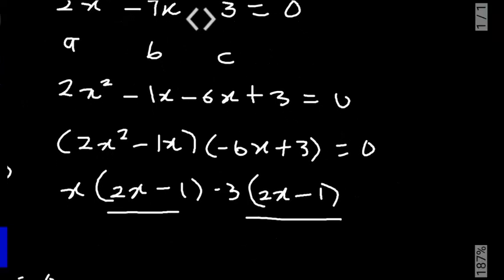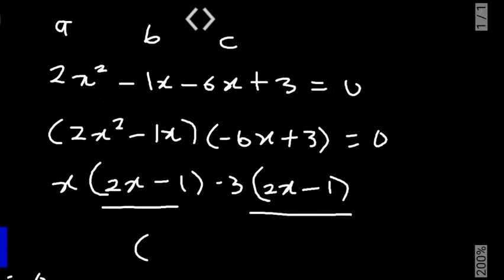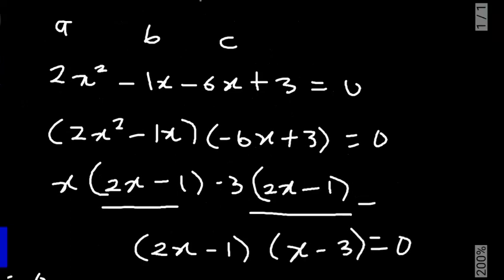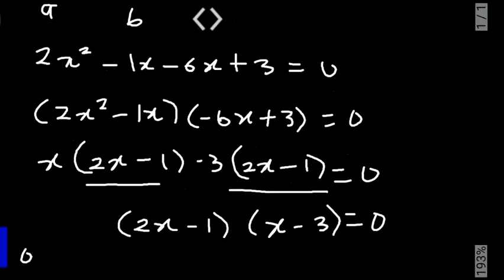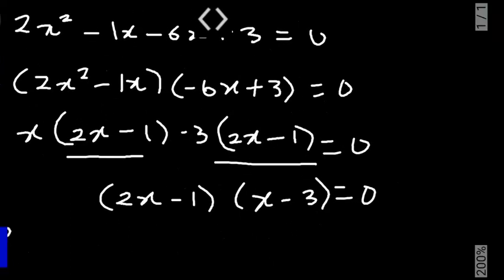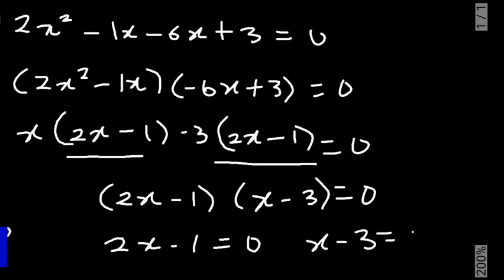So we pick one of it. We have 2x minus 1, and we also have x minus 3 equals 0. So we would have 2x minus 1 equals 0 and x minus 3 equals 0.